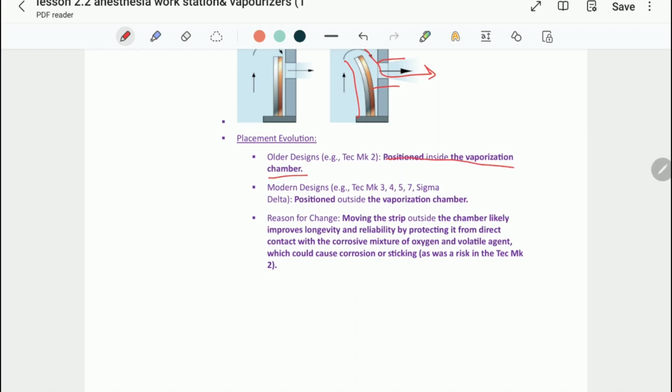In modern designs, like the Tec Mk3, 4, 5 and 7 and Sigma Delta, it is positioned outside the vaporizing chamber. The reason for the change is that moving the strip outside the chamber likely improves longevity and reliability by protecting it from direct contact with the corrosive mixture of oxygen and volatile agents, which could cause corrosion or sticking, as was a risk in the Tec 2.